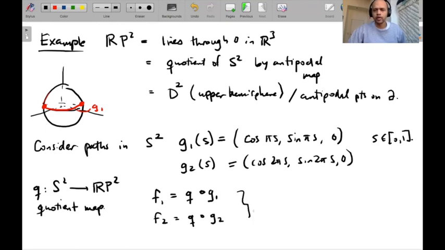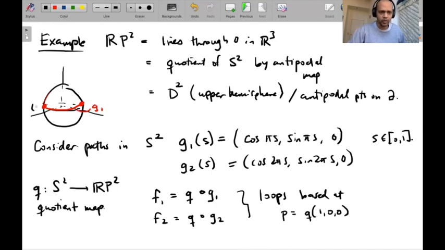So these are both loops based at P, where P is the image of this point here, 1, 0, 0. So this is the X, Y, and Z axis here.